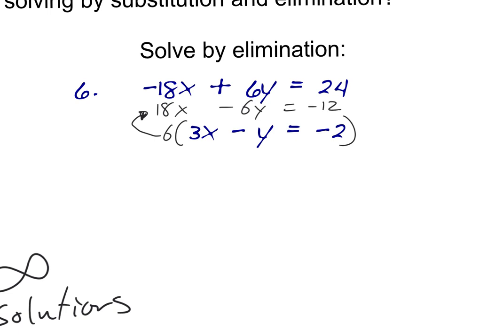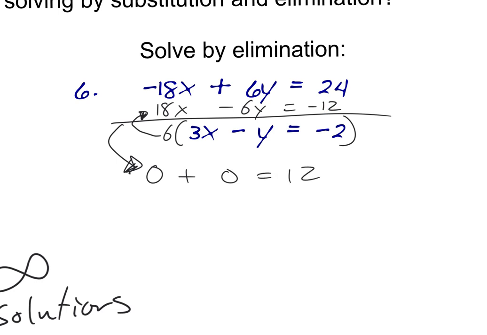All right. So now, if I was to add these equations together down here, what would I get? Well, -18x and +18x, that just makes 0. And +6y and -6y, that also just makes 0. And then over here, I have 24 and -12. That makes 12. Well, 0 plus 0 does not equal 12, does it?